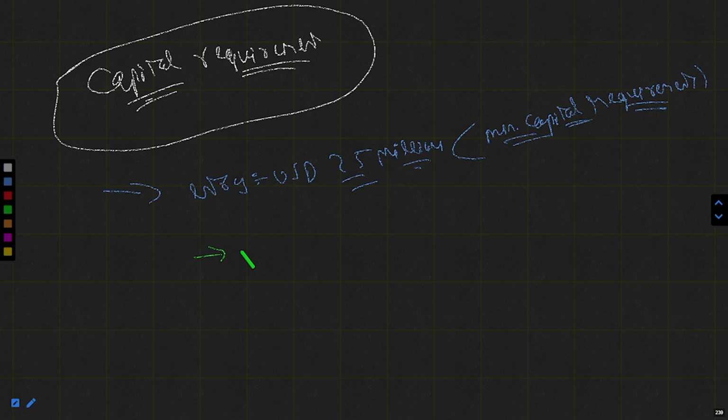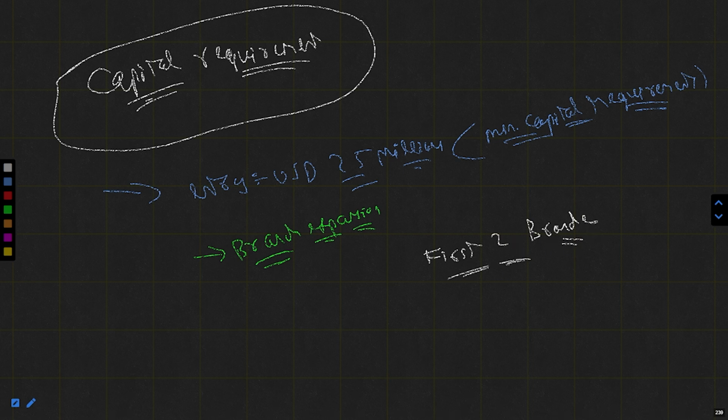But for branch expansion, for the first two branches, like the one branch will be established in any city for the entry, like they entered in Delhi, Mumbai, or whatever place they have entered. Now, if they want to expand, their first two branches will be extended only if the bank is able to gather USD 10 million.